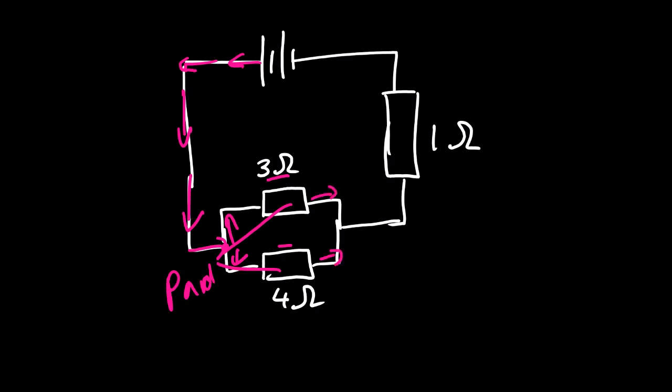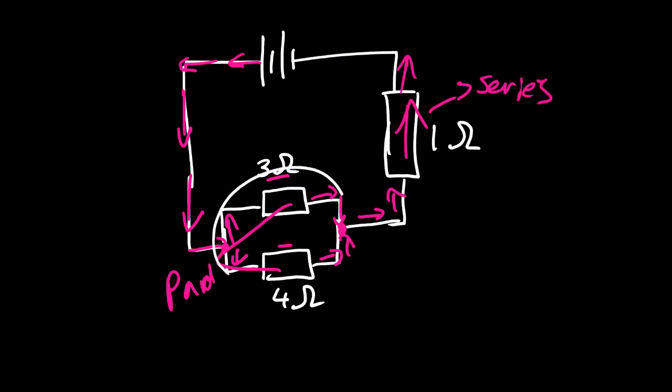And then we continue, they meet up here, and then the sum of the two current flowing through each resistor, which is 3 and 4, will go through the one resistor. So this one is series connection.